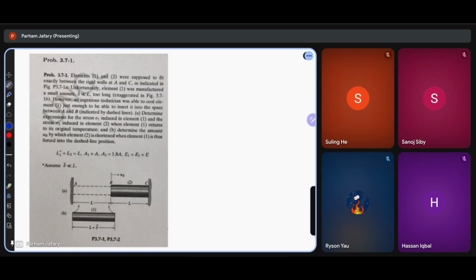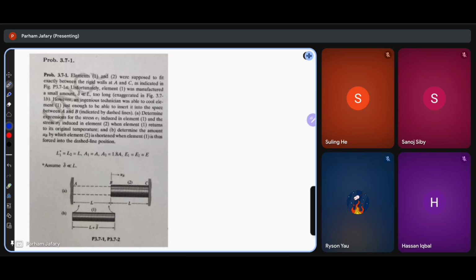Did you use any other formulas besides from this question? Aside from the stress formula? Yes, the deformation formulas. Yeah, I will write. Okay.